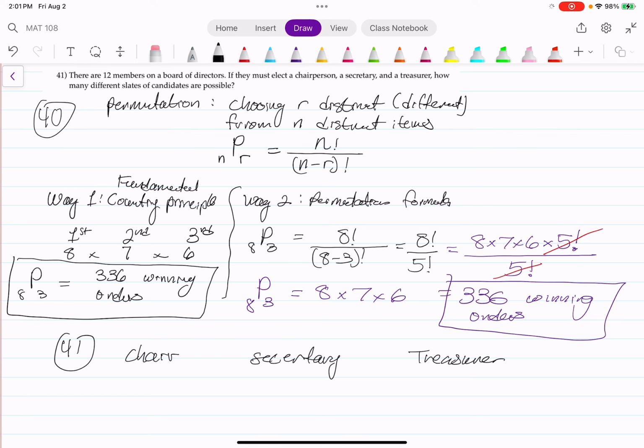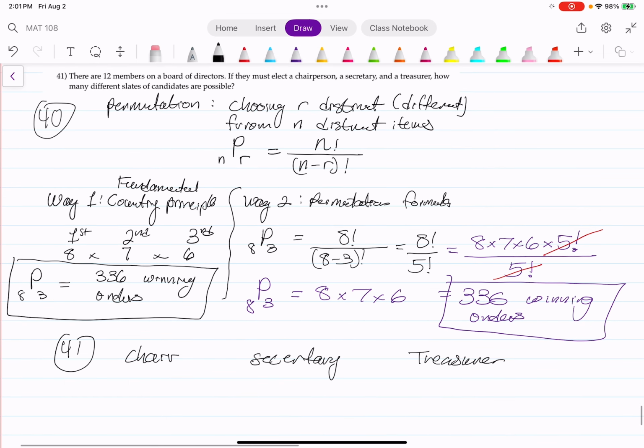I have 12 members eligible for chairperson. So that means 12 possibilities to become chair. Once you are a chairperson, you are not going to then be the secretary as well. Each of these positions is mutually exclusive. There's no one person that is both at the same time.